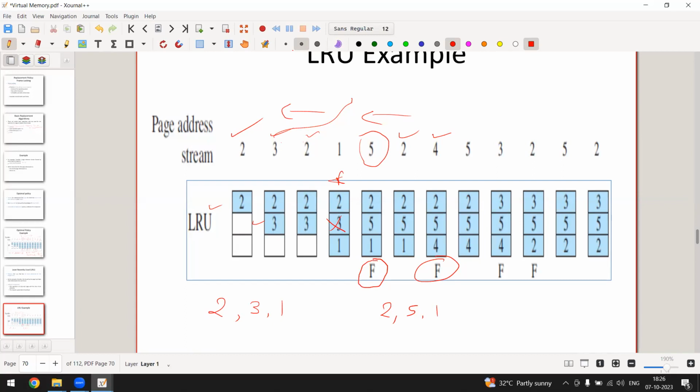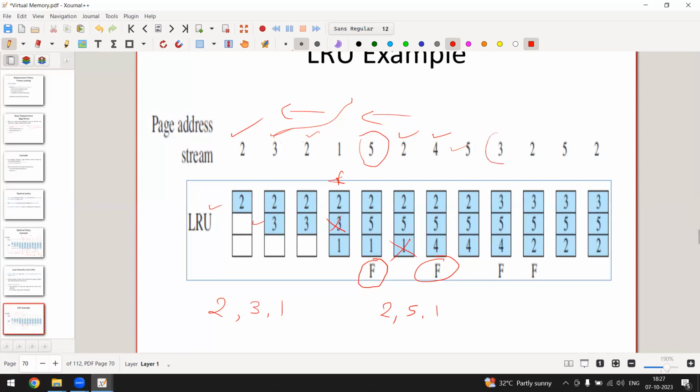Compared to 2 and 5, 1 was referenced some time before, so we will swap out 1 and put 4 instead. Then 5 is already there, no issues.